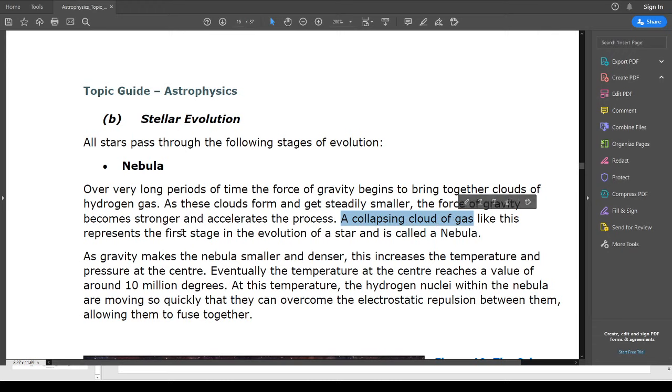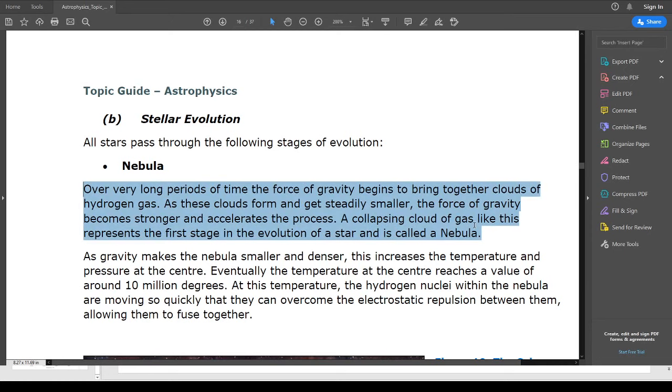A collapsing cloud of gas that represents the first stage in the evolution of a star is called a nebula. As these clouds form and get steadily smaller, the force of gravity becomes stronger and accelerates the process. So what's a nebula? Basically, this paragraph right here. This is the first paragraph on nebula.